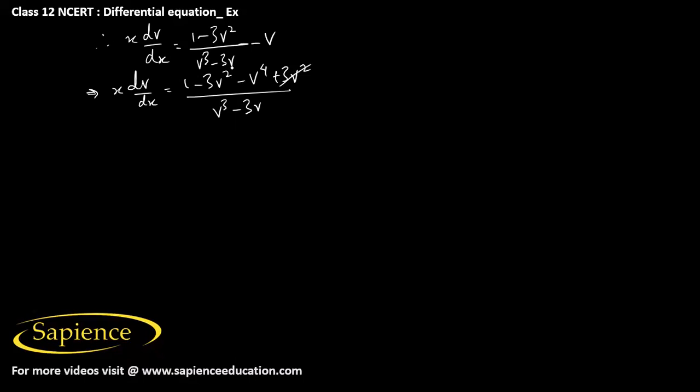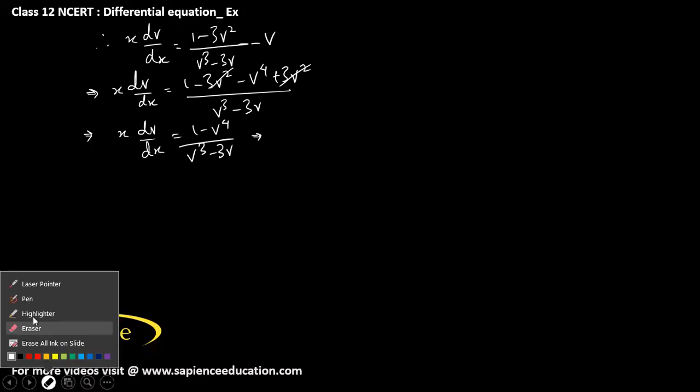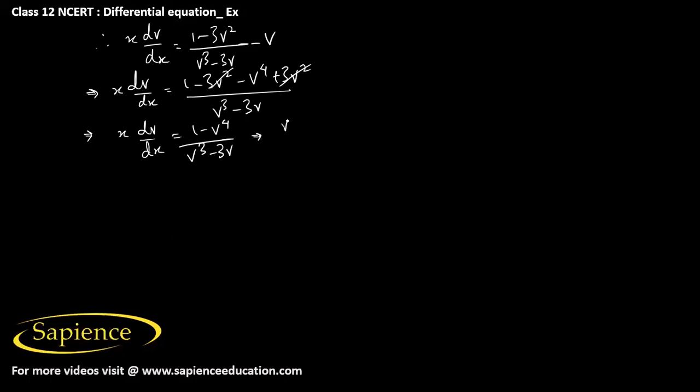So plus 3v² and minus 3v² will cancel. This will become x dv/dx equals (1 − v⁴) divided by (v³ − 3v). So that will be (v³ − 3v)/(1 − v⁴) dv equal to dx/x.